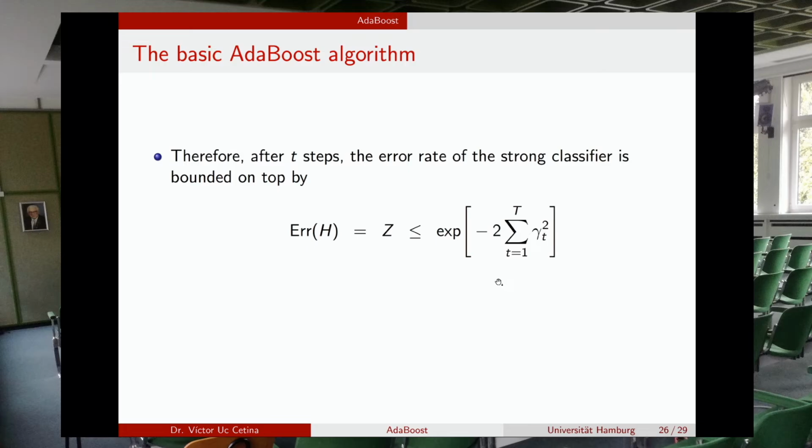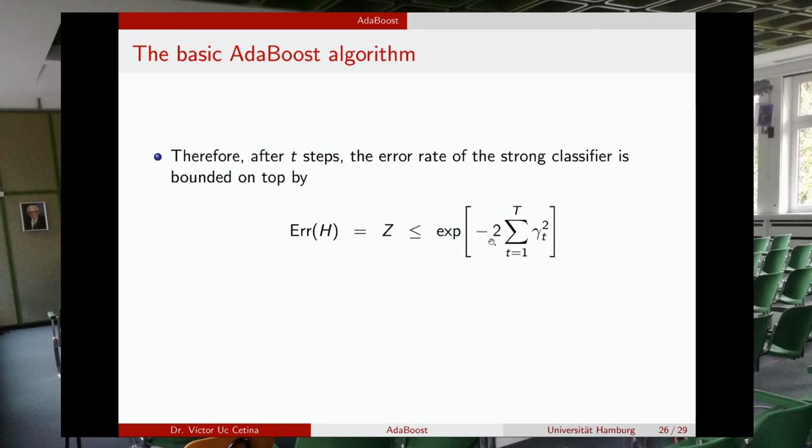And what this is telling us is that the error of a strong classifier is upper bounded by this expression, where T is the number of weak classifiers.